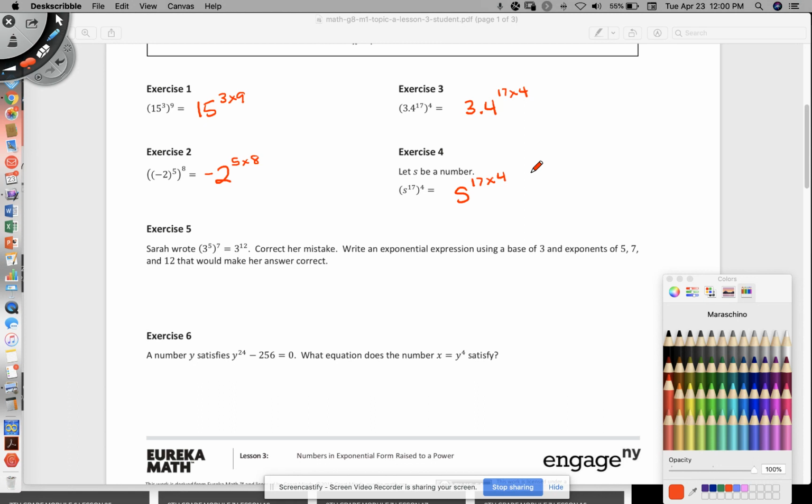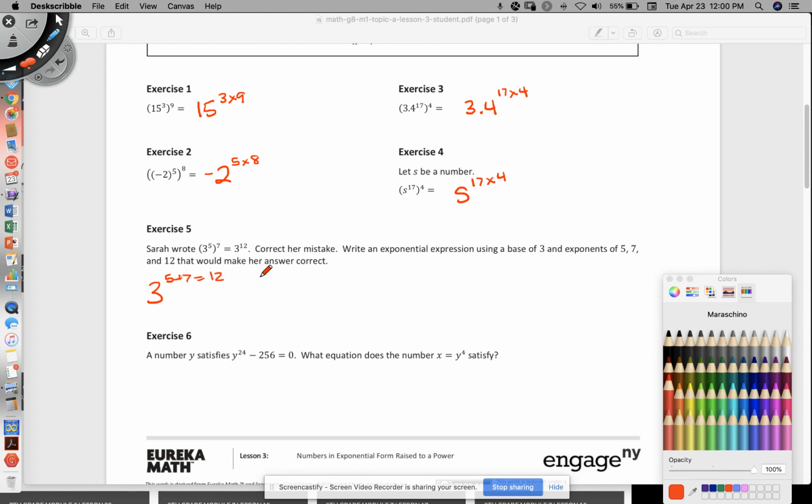All right, so let's look at exercise 5. Sarah wrote that 3 to the 5th power raised to the power of 7 is 3 to the 12th power. Correct her mistake. Write an exponential expression using a base of 3 and exponents of 5 and 7 and 12 to make her answer correct. All right, her mistake is she did 3, 5 plus 7. That gave her the 12.